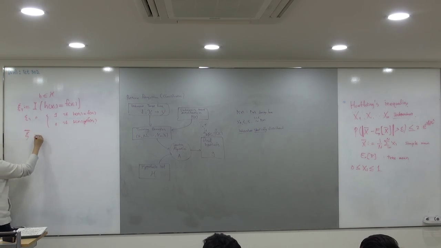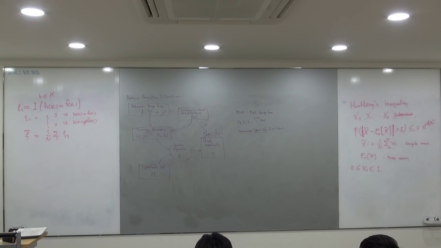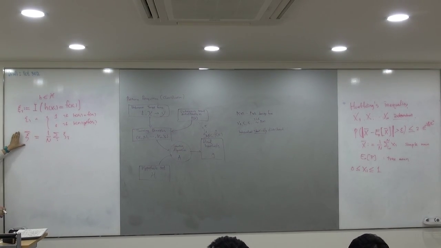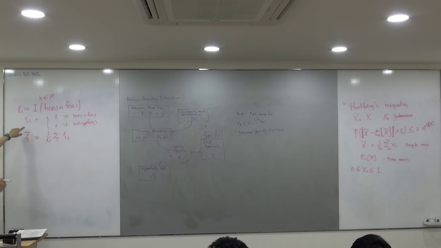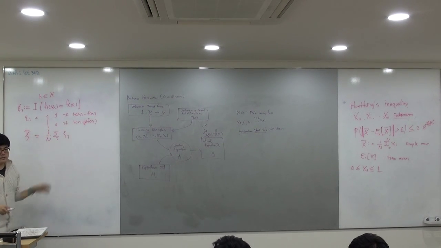The sample average, which is this one, is also a random variable, a sample mean of the psi_i's. It's a random variable because x is a random variable. X is generated from a probability distribution.